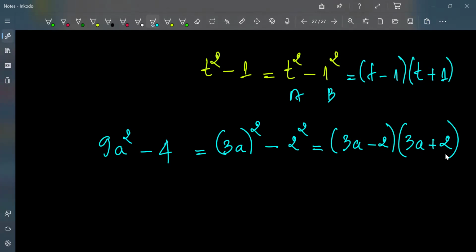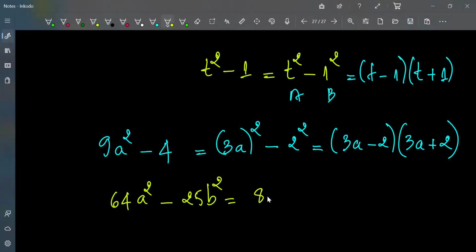How about the expression if I have 64a square minus 25b square. So 64 we can write as 8 square.